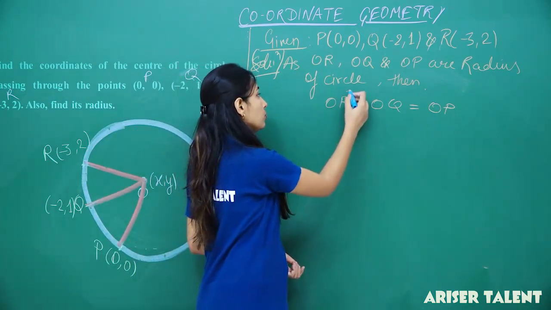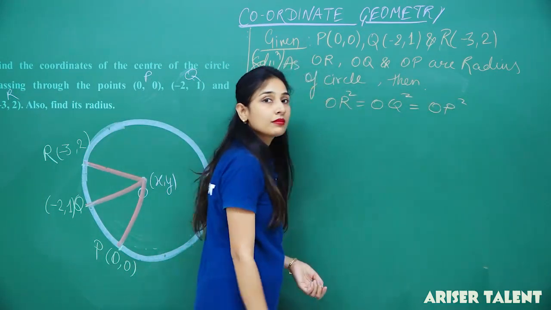And I can say that OR square equals OQ square equals OP square.